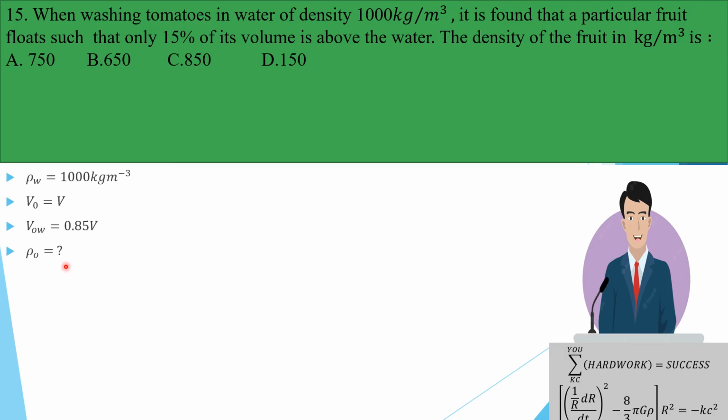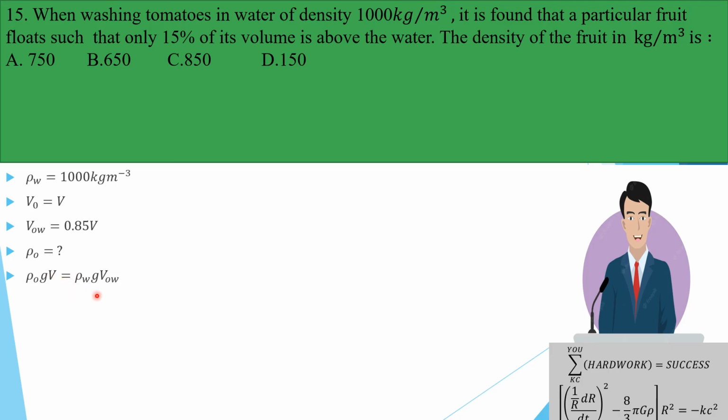Now we want to find the density of the object, so we don't know that. But what you have to realize is that the force the object exerts on water is equal to the force the water exerts on the object. That's why the object comes to equilibrium at that particular point where 15% of its volume is above the water. The force that the object exerts on the water is just the density of the object times gravity times the volume of the object.